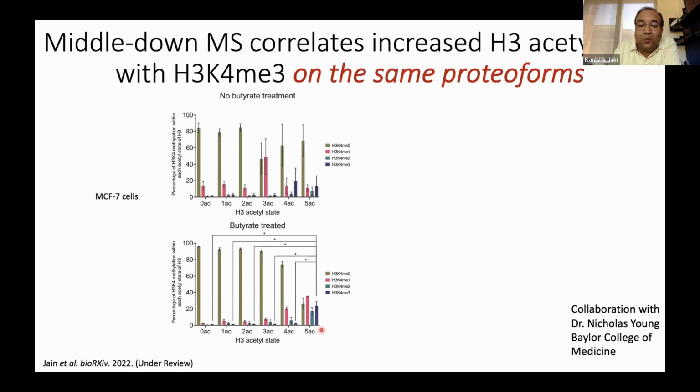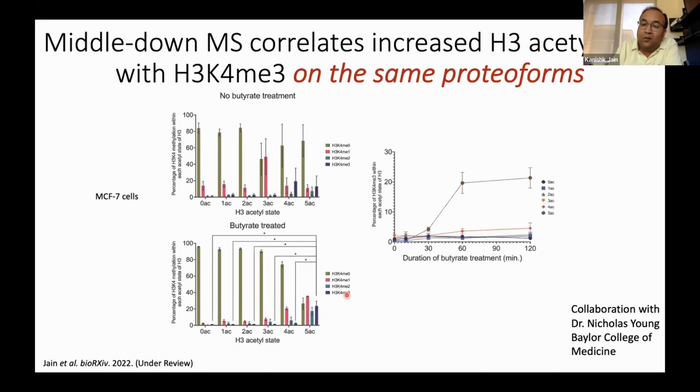So essentially what this boils down to is that in this penta-acetylated proteoform of H3, you have the highest accumulation of H3K4 trimethylation as well. And one can resolve this over time as well. By taking time points of butyrate treatment, we see that the H3K4 trimethylation levels increase robustly within 30 to 60 minutes in the penta-acetylated state.